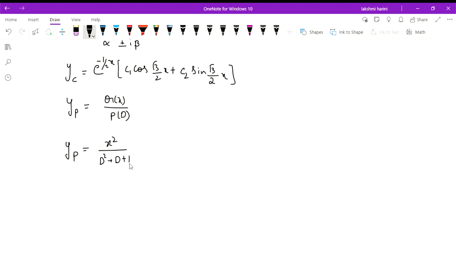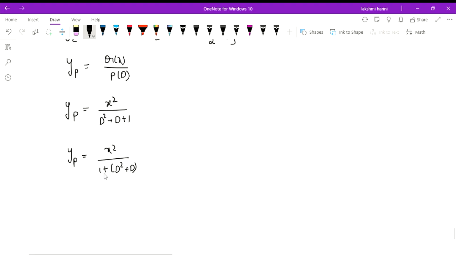Now we rewrite this as x square by 1 plus D square plus D. Bring this denominator to the numerator, so yp is equal to (1 plus D square plus D) whole power minus 1 into x square.